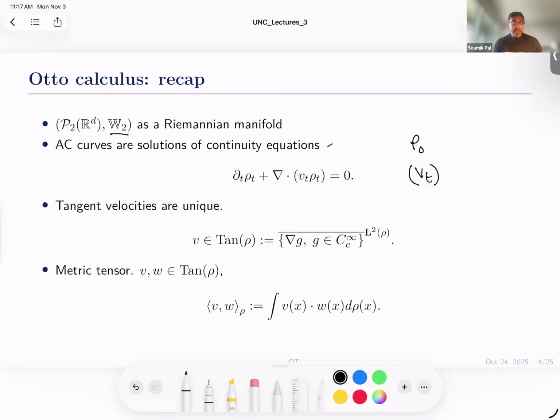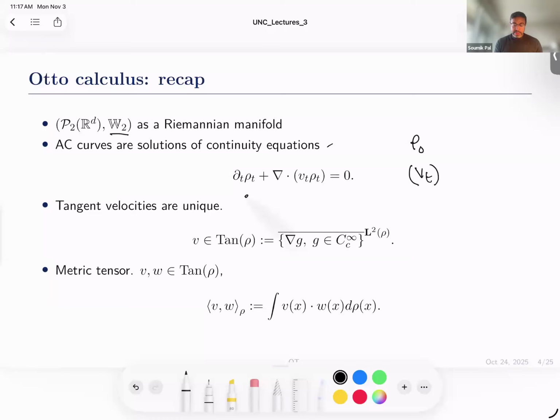This PDE, you can think of it as a strong PDE in the sense that rho_t(x), as densities, have derivatives with respect to t and with respect to x. This is too strong. What I really want is for weak derivatives to exist, so that if I integrate against test functions, I can derive everything smoothly.